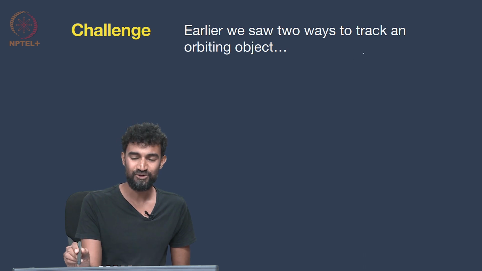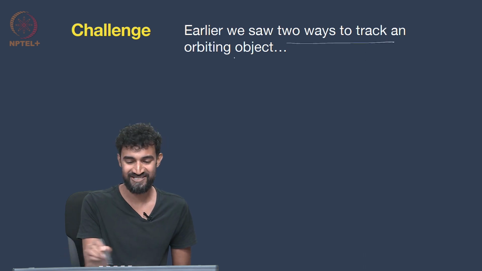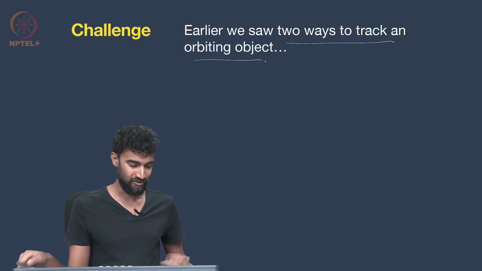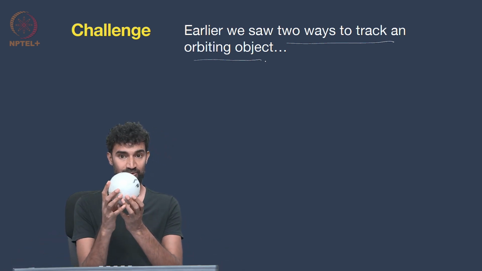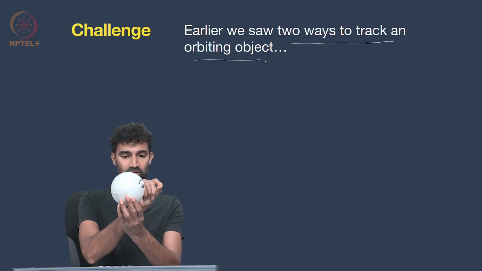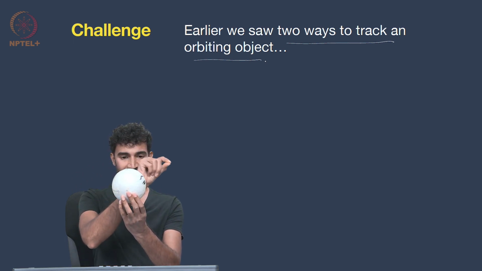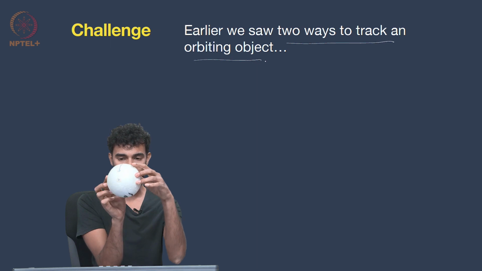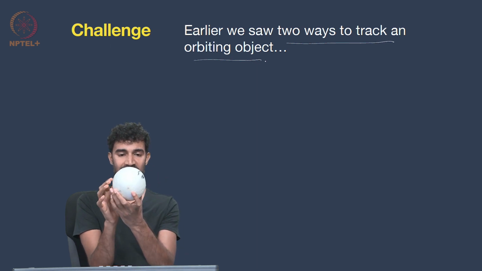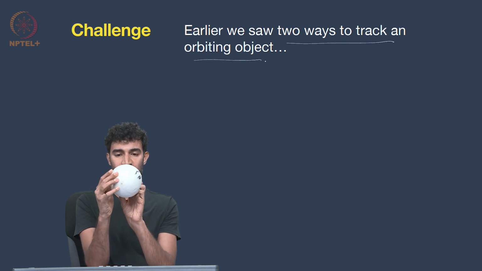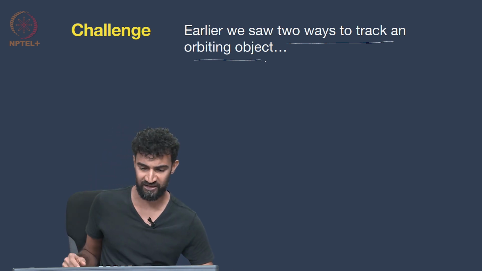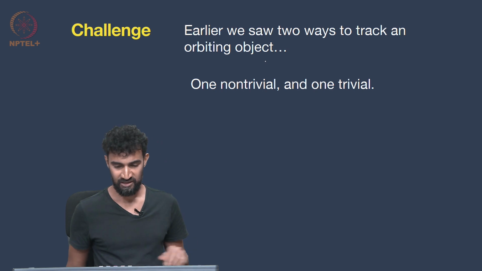So earlier we saw that there's two ways to track an orbiting object. Remember that we had a situation where Bala was here, there was a particle orbiting around Bala, and there were two ways to track it. There was a non-trivial loop, and there was a trivial loop, both of which tracked this orbiting particle, our orbiting object.